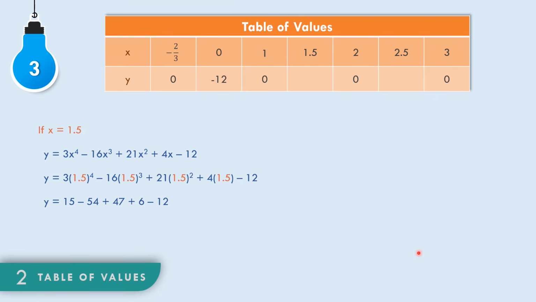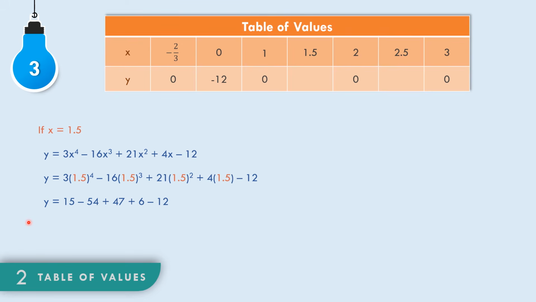So let us try to solve. 1.5 times 1.5 four times, times 3, the answer is 15. Next, 1.5 times 1.5 times 1.5 times negative 16, the answer is negative 54. 1.5 times 1.5 times 21, the answer is 47. 4 times 1.5 is 6, and then copy negative 12.